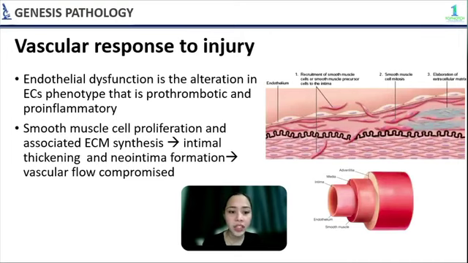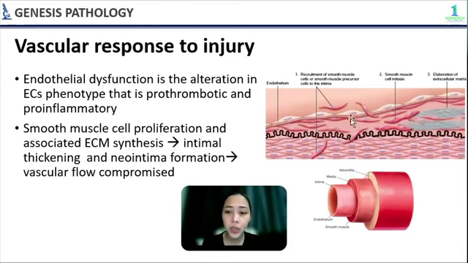Endothelial dysfunction, on the other hand, is the alteration in the endothelial phenotype, transforming it into a pro-inflammatory and pro-thrombotic state. So this is responsible for conditions like atherosclerosis and hypertension. So here, the smooth muscle cells are recruited. Diba, normally your smooth muscle cells are in the tunica media or in the middle layer here.